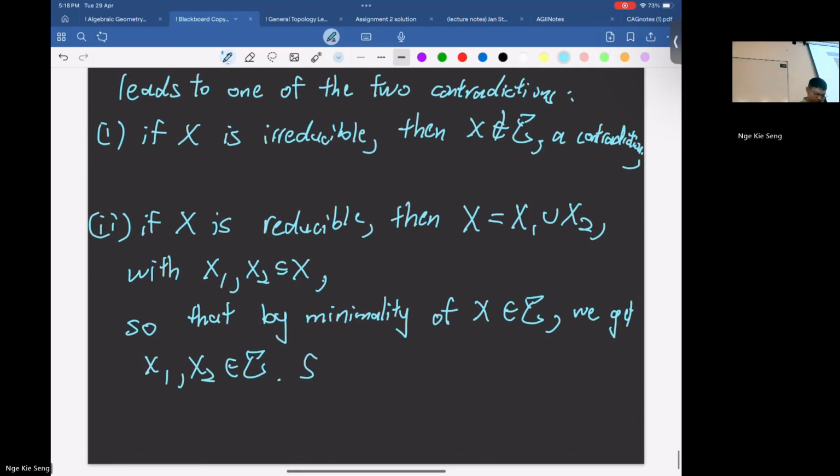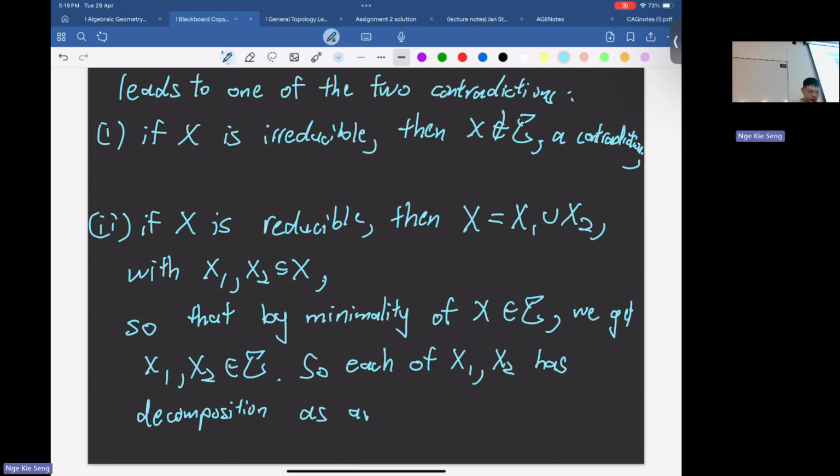So each of X1, X2 has a decomposition as a union of irreducibles. You know X is equal to S1 union S2, you know the decomposition of X1 and of X2.